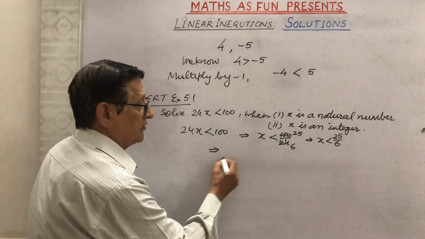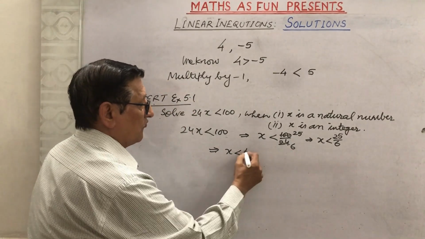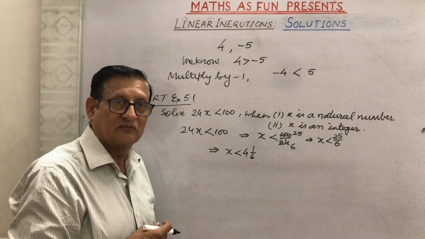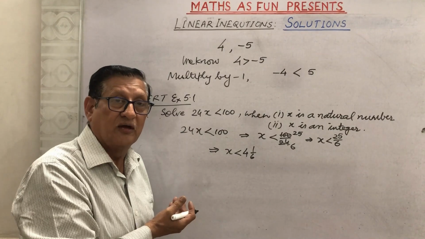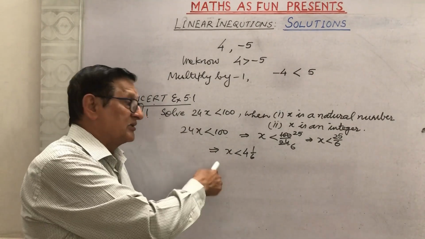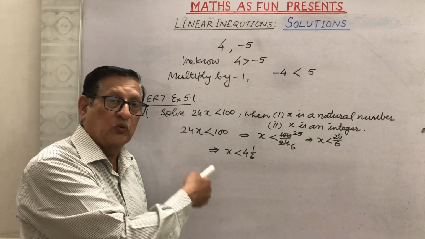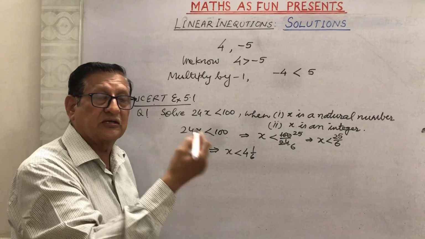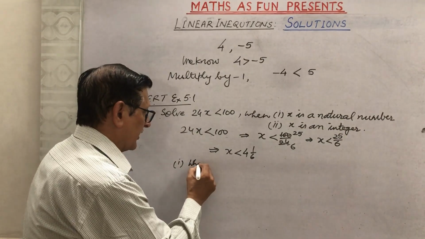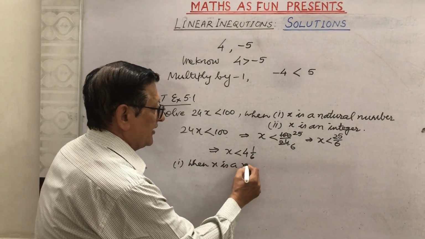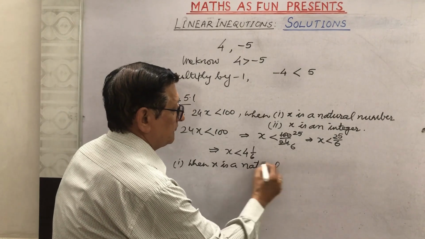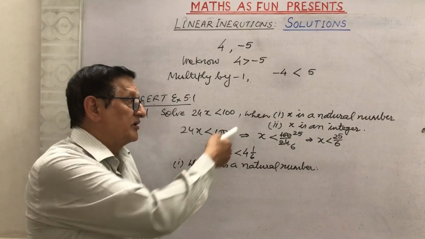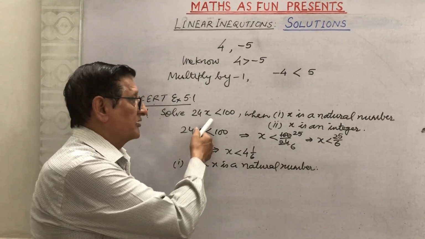Can we write here that x is less than 4 1/6? 4 1/6 is greater than 4. All the numbers which are less than this will be up to 4 only. Let's see the first case, when x is a natural number, satisfying this inequality or making it a true statement.